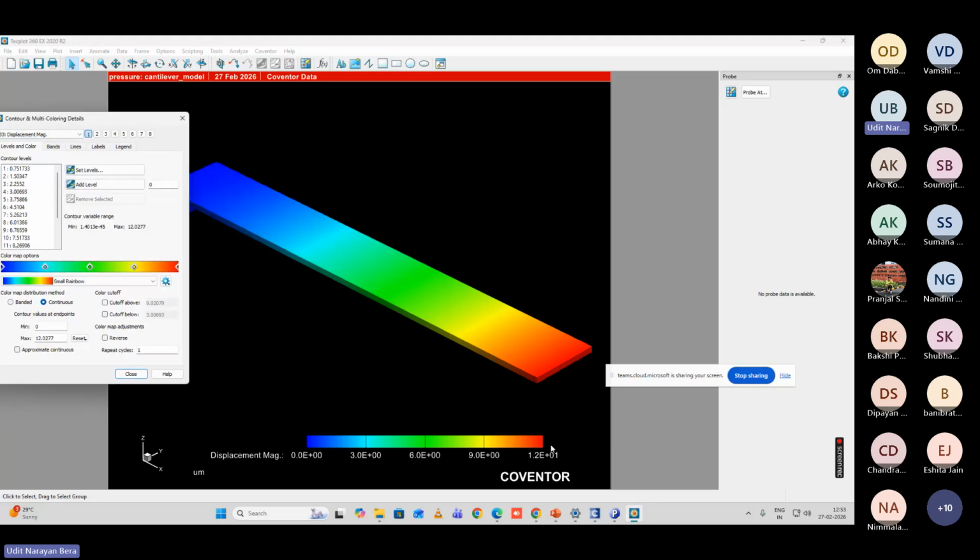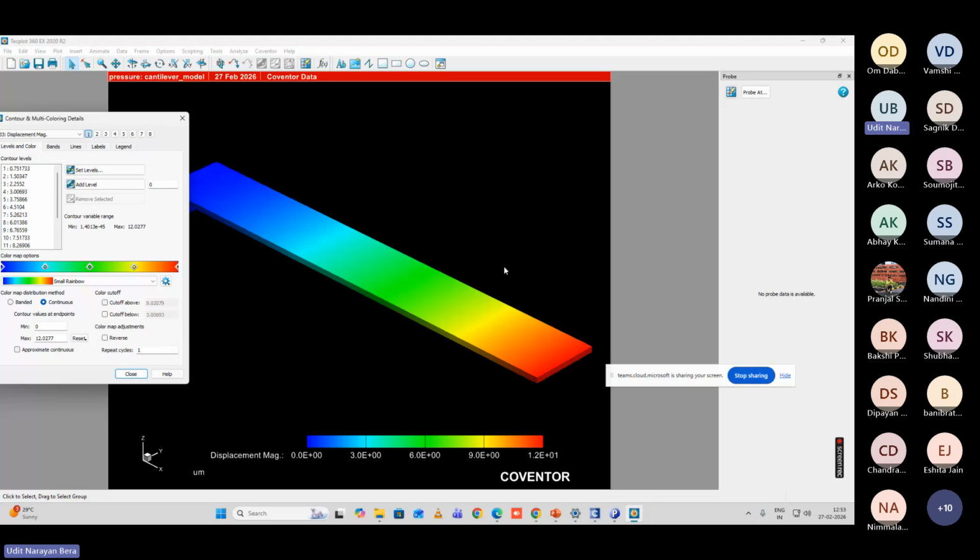See, from here you can see after applying 0.025 megapascal pressure on top of it, the maximum deflection of this cantilever is 12 micrometer, 1.2 into 10 to the power 1. Yes, of course, it is out of range because I have used a high pressure.